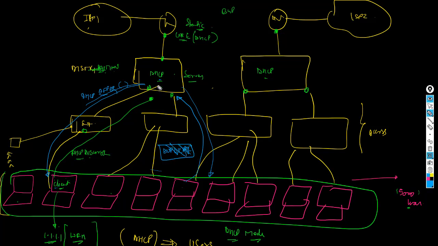So what happens is, after the Discover packet which the client initiated, the DHCP server is going to offer back some IP address to the client, but the client is not going to take it immediately. It's not going to adopt it immediately.